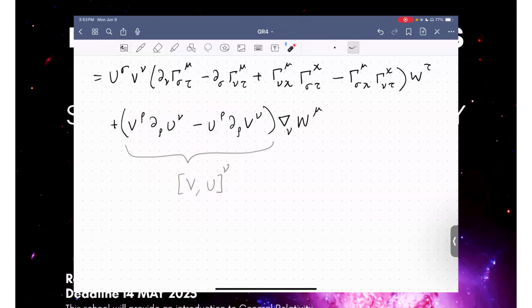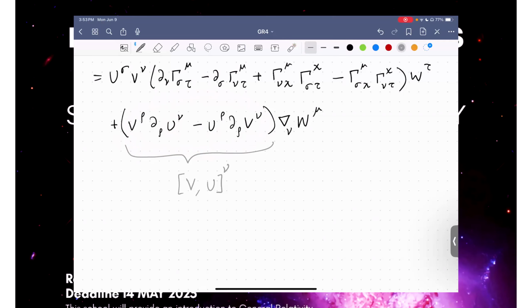We may make some comments on that later. But for now, just try to convince yourself that this term really has nothing to do with the local curvature of a space, and really it's a property of the two vector fields. And you can choose these two vector fields. Well, if you choose these vector fields to be such that this vanishes, for example, you can choose u to be just a coordinate vector field.